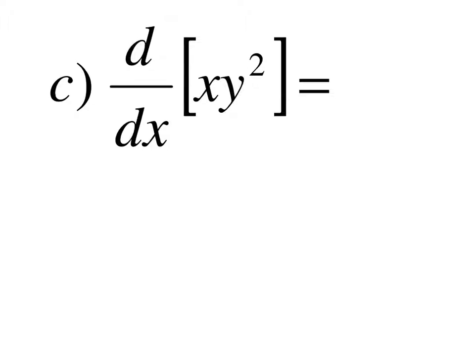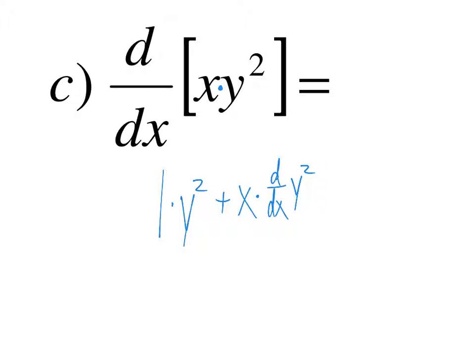So, here we have, what are we going to use to find the derivative of x times y squared? Product rule. So, we have the derivative of x, which is 1, times the original second factor, y squared, plus x times, and then here's where the implicit differentiation comes in, the derivative with respect to x of y squared.